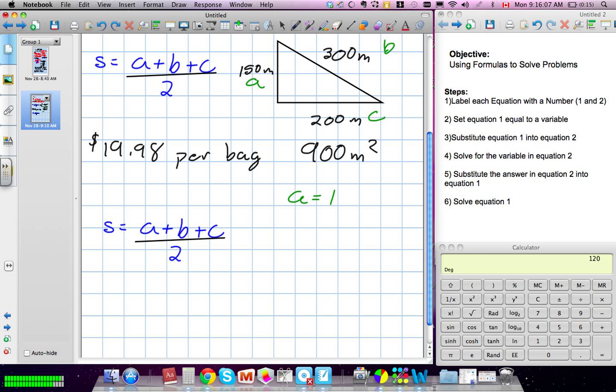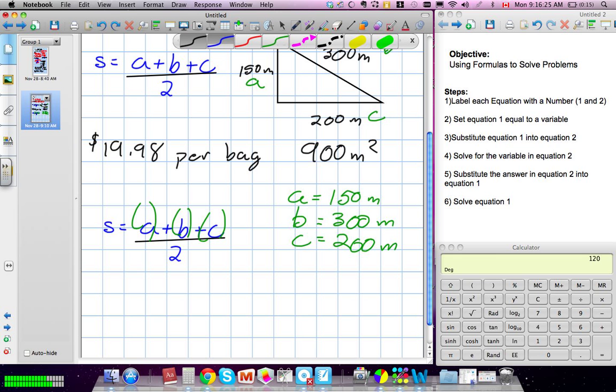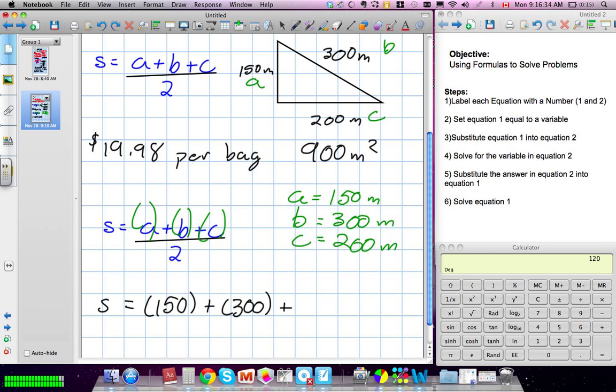So we're going to be replacing our A with 150, B with 300, and C with 200. So our variable S is equal to 150 plus 300 plus 200, all divided by 2.